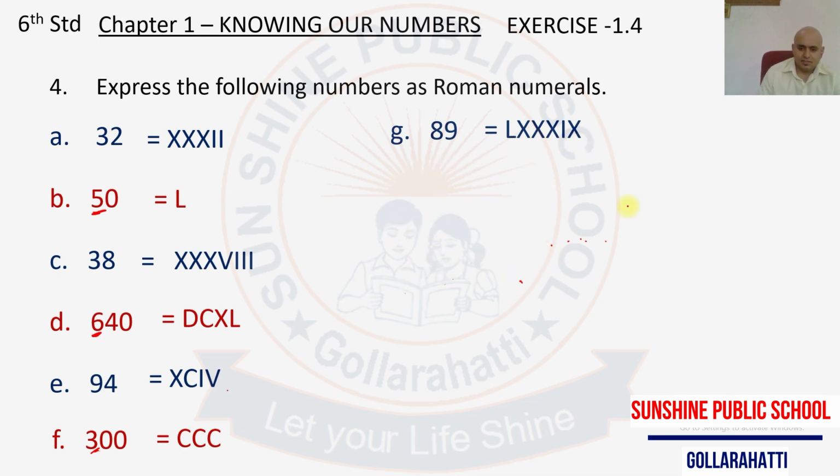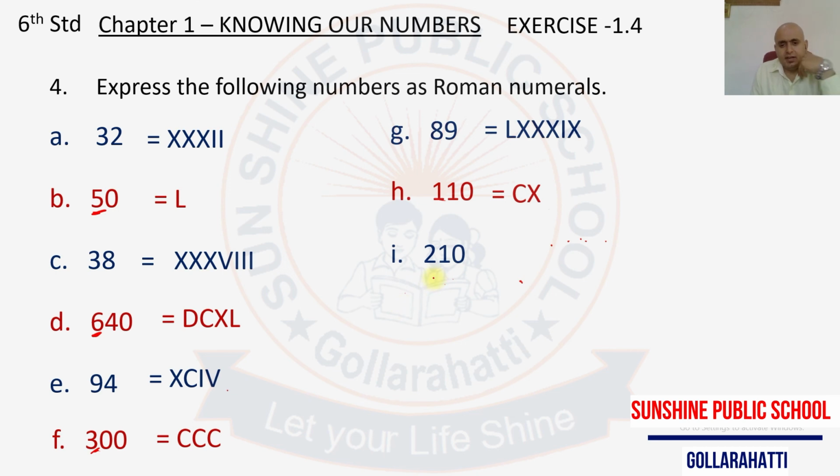So next, 110. This is nothing but 100 plus 10. Very easy. 100 is C and 10 is X. So CX is equal to 100 and 10. CX is equal to 110. Okay? Next is 210.